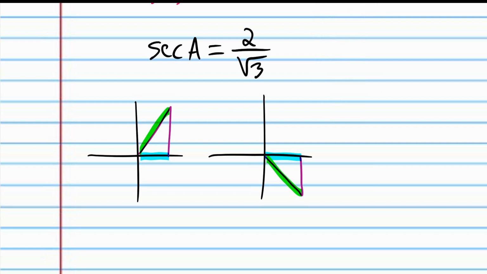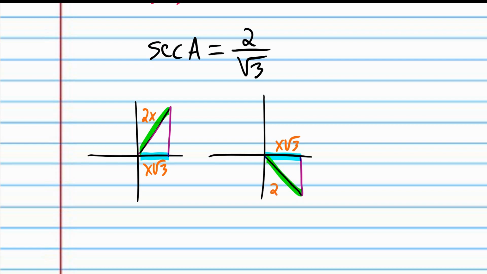So secant is the green divided by the blue. You need those to be positive when you divide them. So the reference angle, again, this is a 30, 60, 90 degree triangle, but the big question we need to ask is, is the reference angle 30 or is it 60? Well, the hypotenuse is 2x, and the adjacent side is x root 3, because again, this is hypotenuse over adjacent.